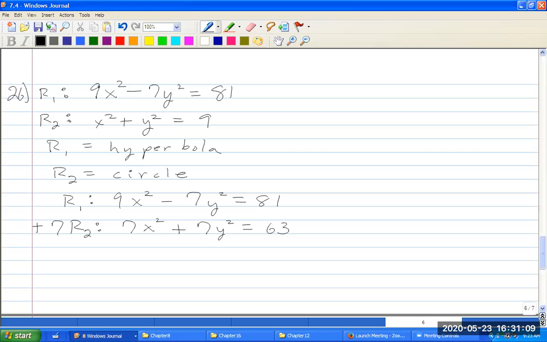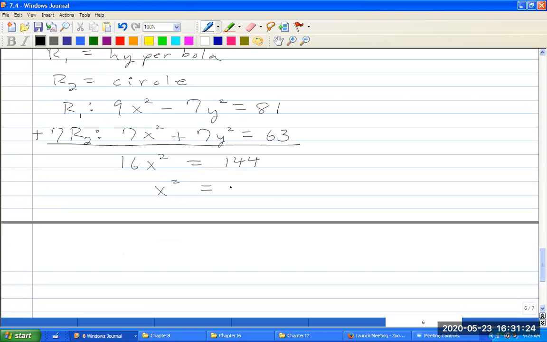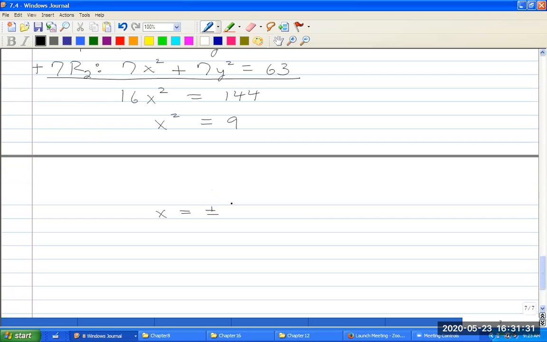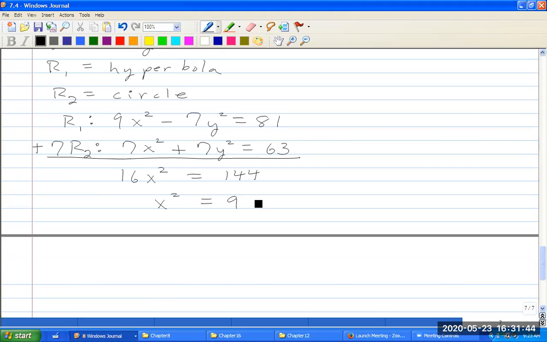And so I get 16x squared, the y squareds cancel, equals 144. Divide both sides of my equation by 16. So x squared is equal to 9. And so by the square root property, x is equal to plus or minus 3. Well, actually, let's leave it like x squared equals 9, and let's call that R3.